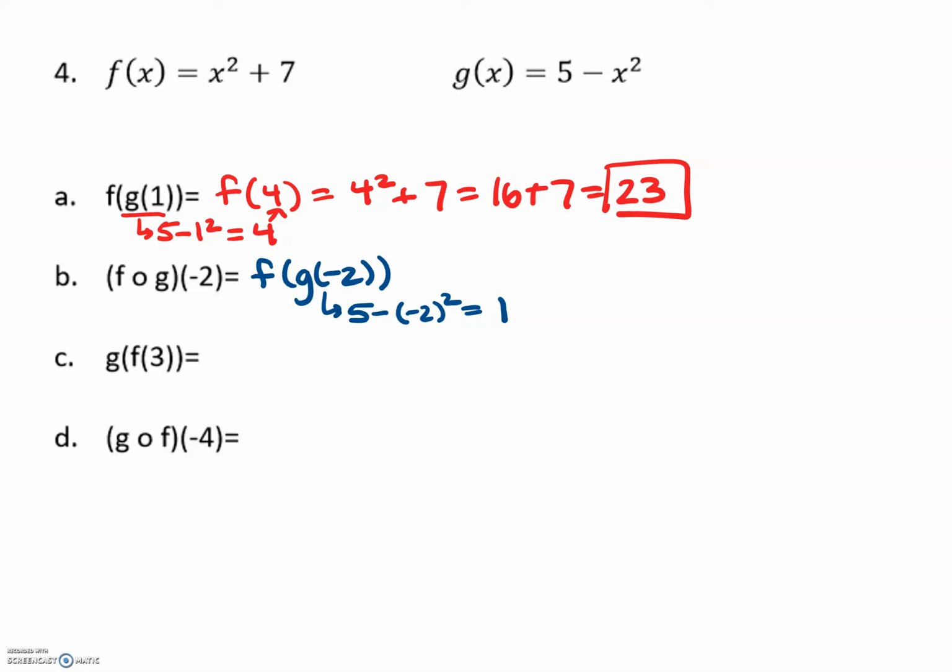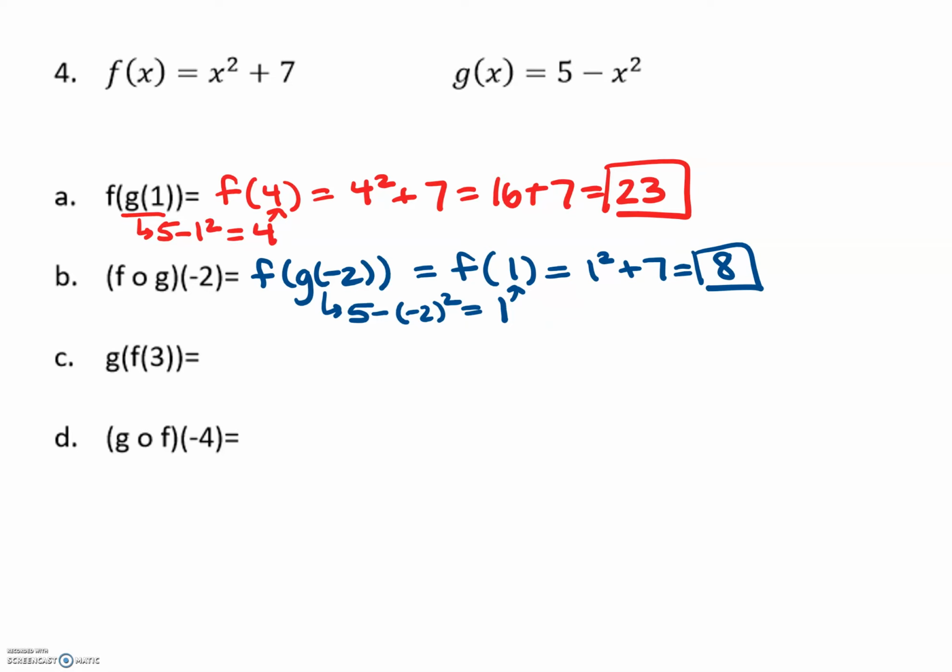You should get 1. So f is still going to be on the outside, but now I can replace g of negative 2 with that 1. So now I go up to f. Every time I see an x, I'm going to replace it with a 1. So 1 squared plus 7 is going to give me 8, because 1 plus 7 will be 8.